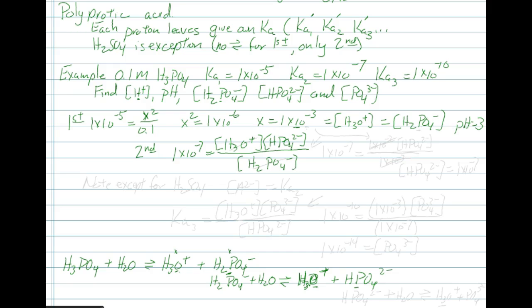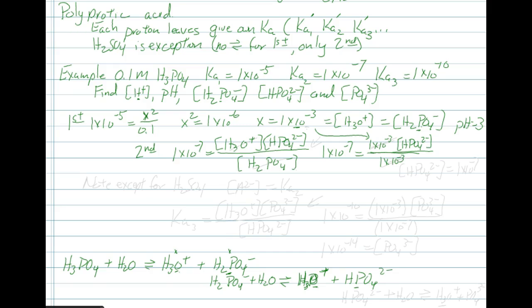Plug in the numbers. 1 times 10 to the negative 7, 1 times 10 to the negative 3, not x, because it's already given to you from here, times the unknown, the HPO4 2 minus, divided by this number, which is also 1 times 10 to the negative 3.